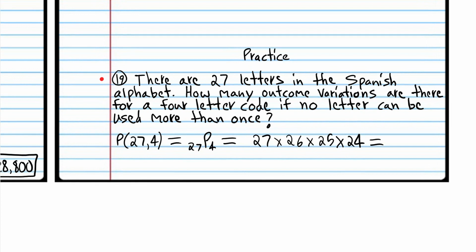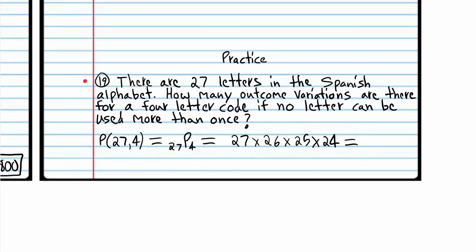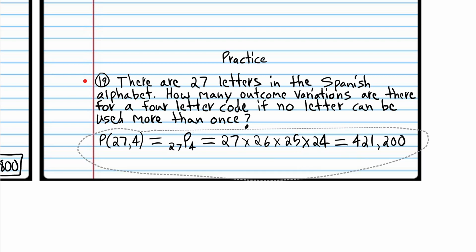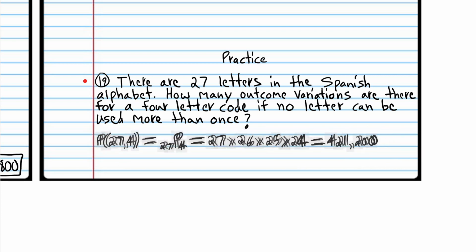And the way that we write it here is a little different than the way the calculator writes it, I don't know, the Texas Instruments engineers decided to write that a little different. But we should get 421,200 different codes, and we can just write codes.